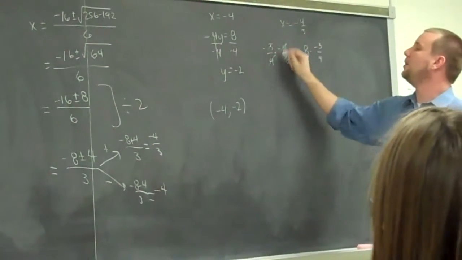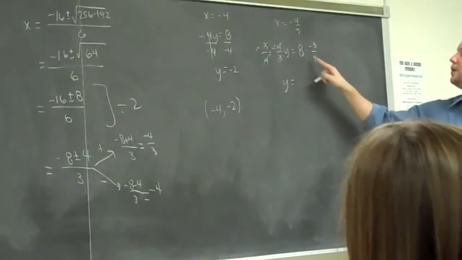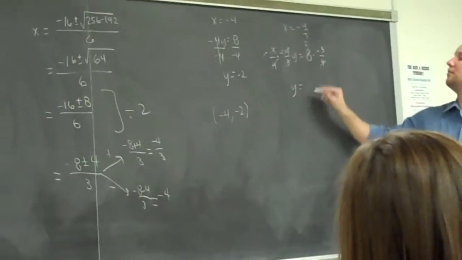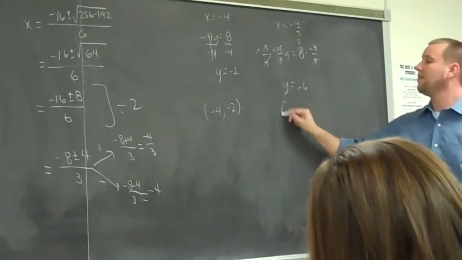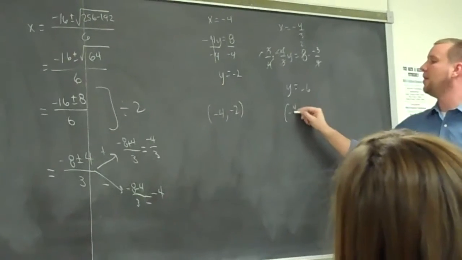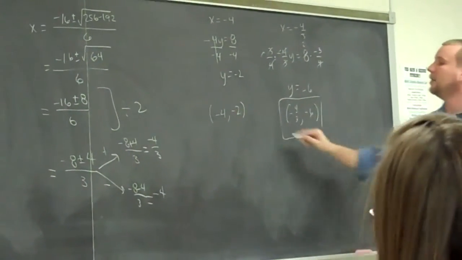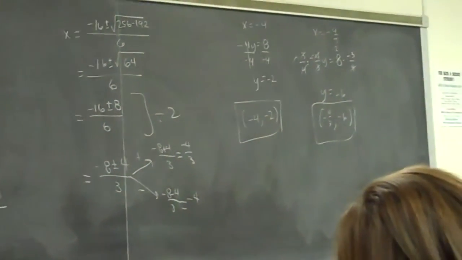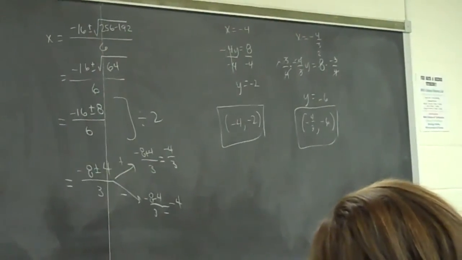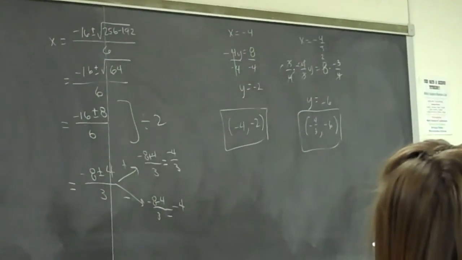That way the 4's cancel, the 3's cancel, the negatives cancel, and I get y equals, let's see, 4 goes into 8 twice, so negative 6. So x equals negative 4/3, comma, y equals negative 6. Super fun, yes? Okay.